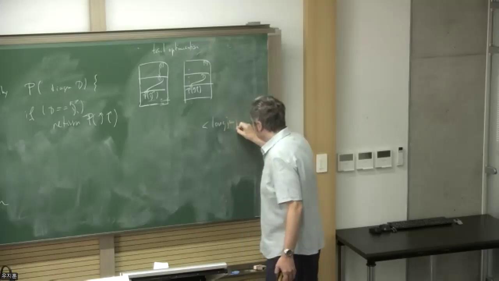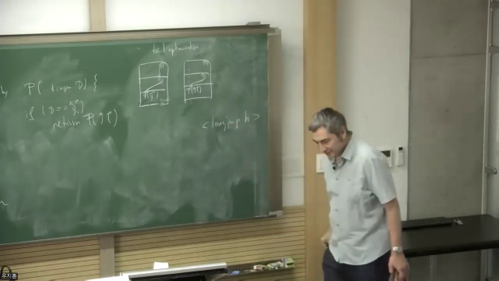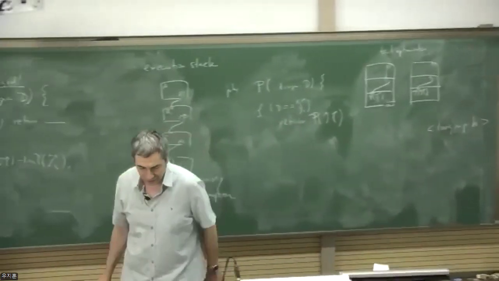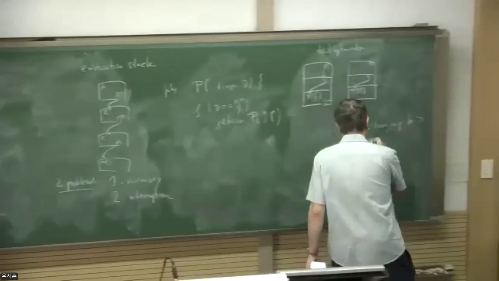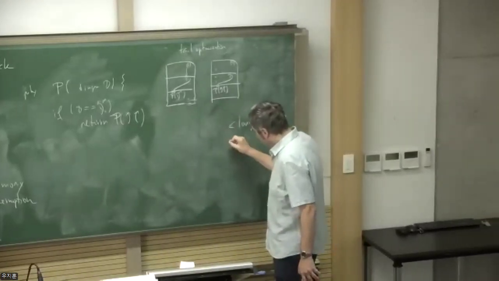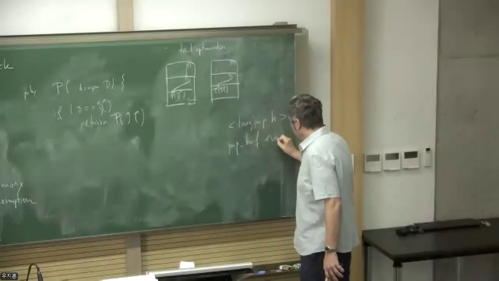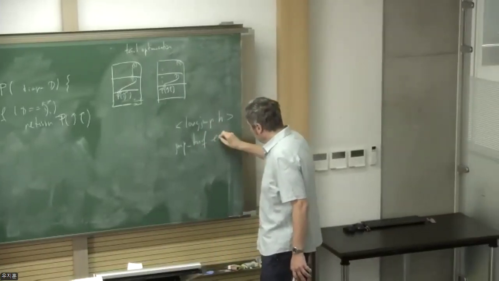Maybe you know in C there is this header file longjmp.h, okay, and it contains a type which is called jump buffer, jmp_buf.